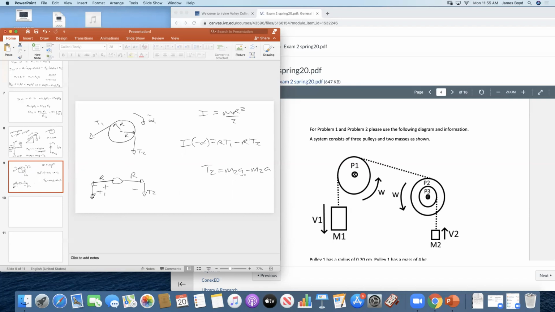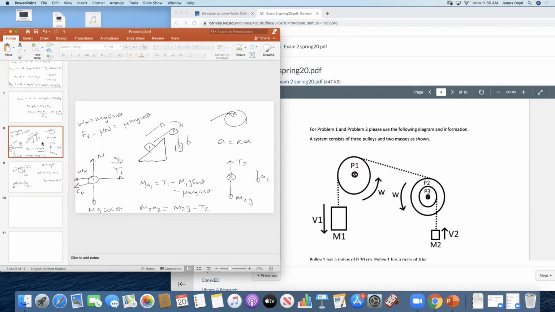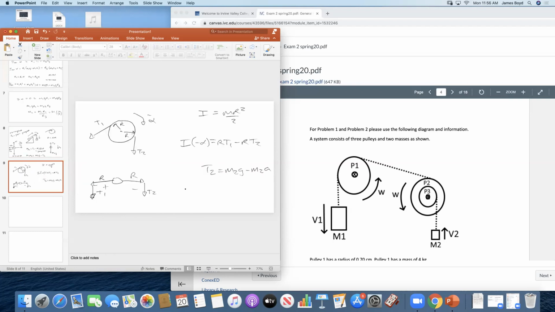So this is, okay. For T1, I'm going to move those two terms over. So T1 is going to be M1 A1 plus M1G sine theta plus mu M1G cos theta.